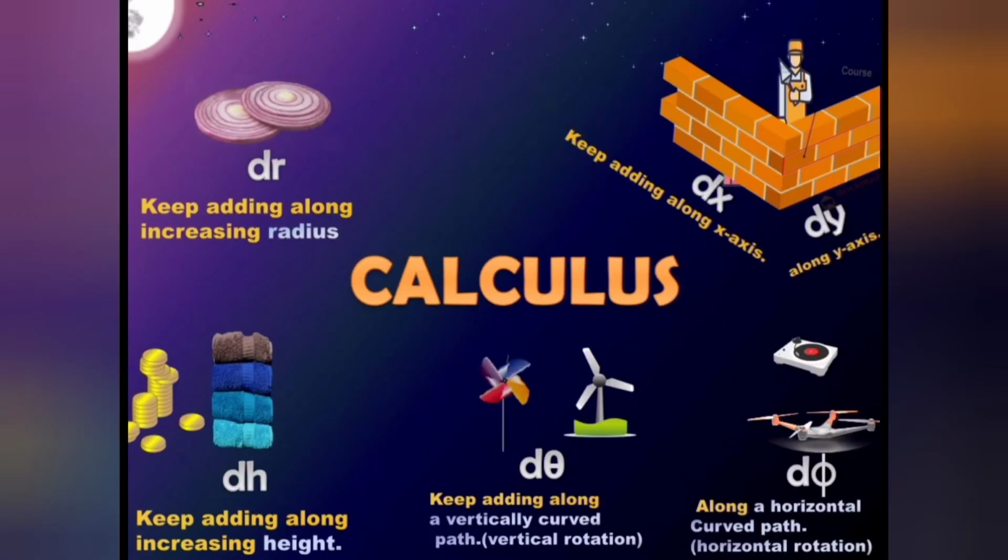What if in integration or calculus, dx and dy mean keep adding along the x and the y axis respectively? dr would mean keep adding along increasing radius, dh along increasing height, d theta along a vertically curved path, and d psi means keep adding along a horizontally curved path.